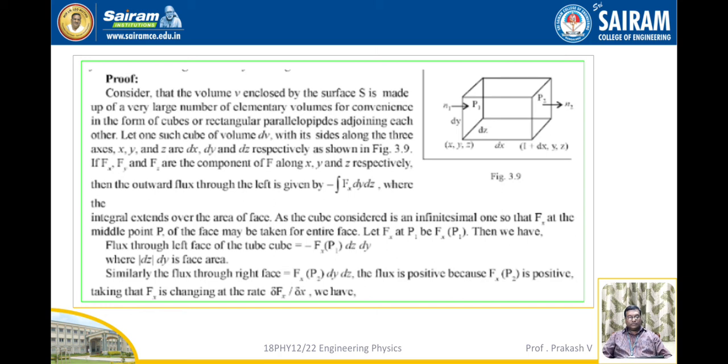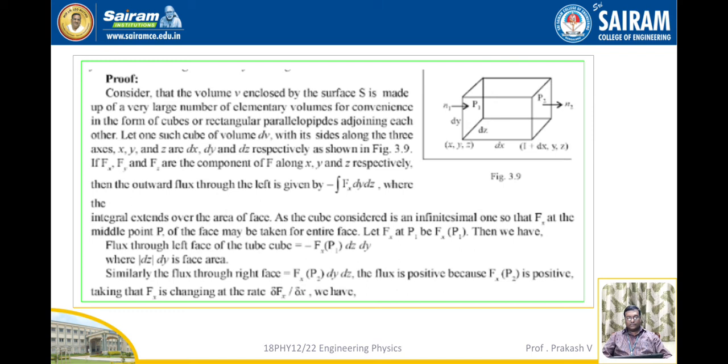Let one such cube of volume dV with its sides along the three axes x, y and z be dx, dy and dz respectively, as shown in the figure. If Fx, Fy and Fz are the components of F along x, y and z directions respectively, then the outward flux through the left face is given by minus integral Fx dy dz.